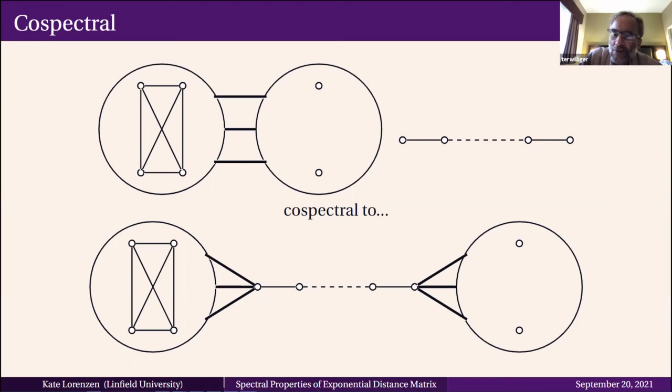So it's striking to me, this connection between what you're doing and these primitive idempotents. One observation is that the exponential distance matrix now has a very small rank relative to the number of vertices for this type of graph. Has this come up? Is this relevant to your research at all?